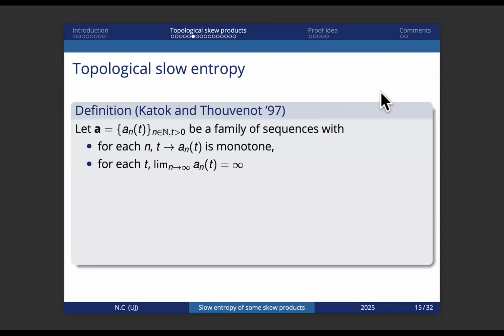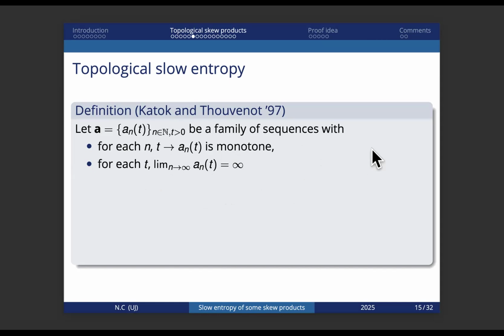So we need to take a family of sequences indexed by natural numbers and a positive parameter. And we need two things: for each n, a_n of t is a real function, and we want this to be monotone in t. That is a first condition. And the second condition is that if we fix the parameter t, then this sequence, a_n, tends to infinity.